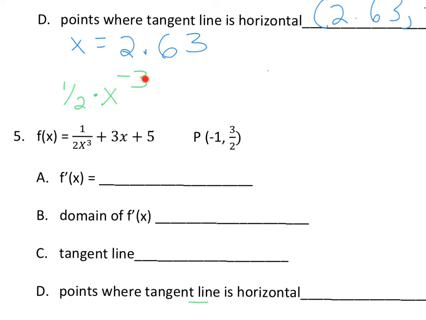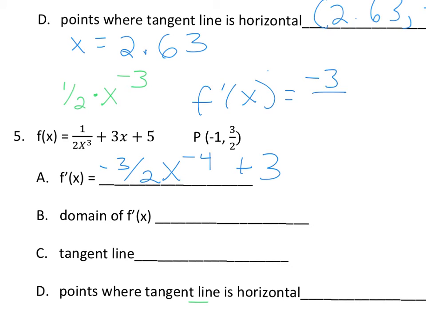So now negative 3 times 1/2 is going to be negative 3/2 x to the negative 4 plus 3. And probably a better way to write that would be f prime of x equals negative 3 over 2x to the 4th, and then plus 3.